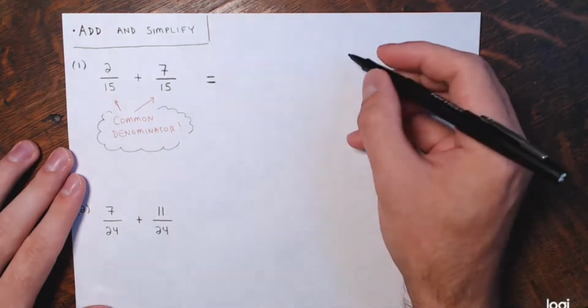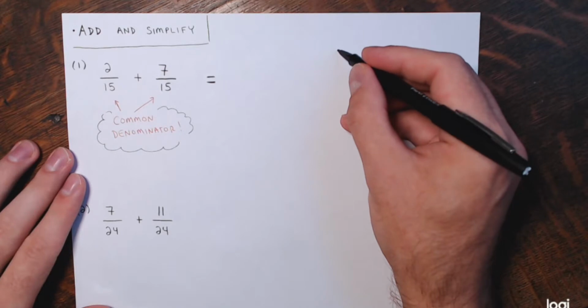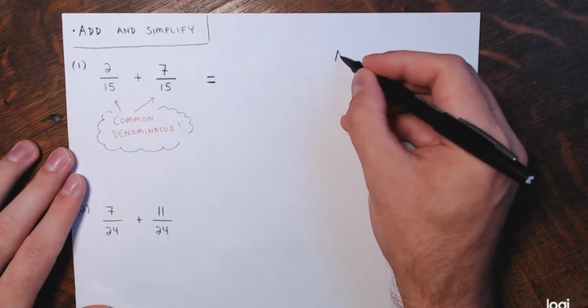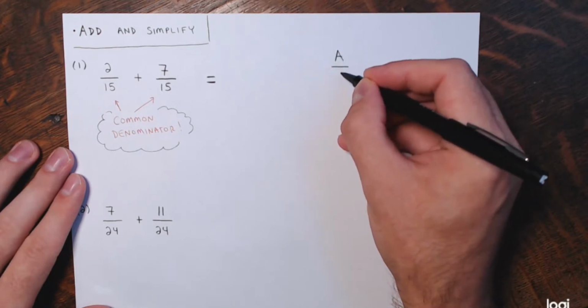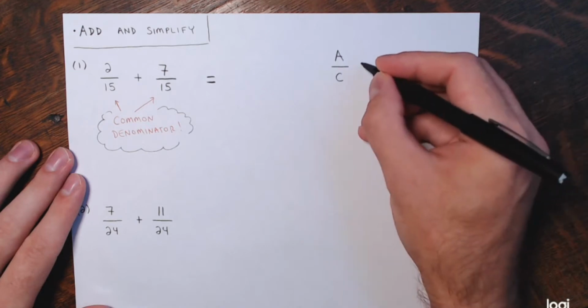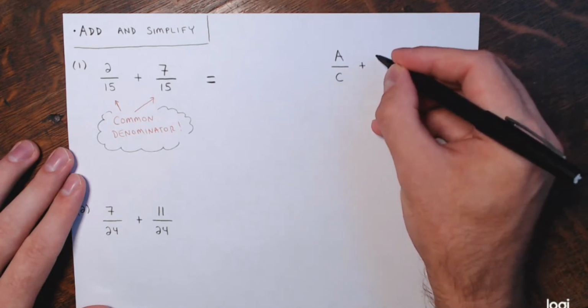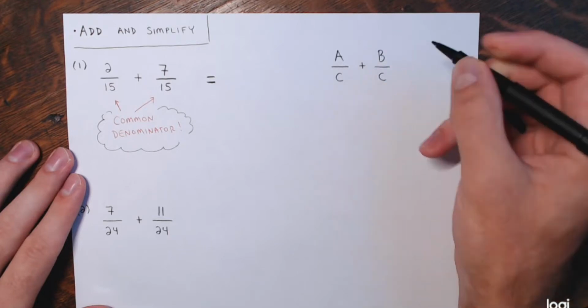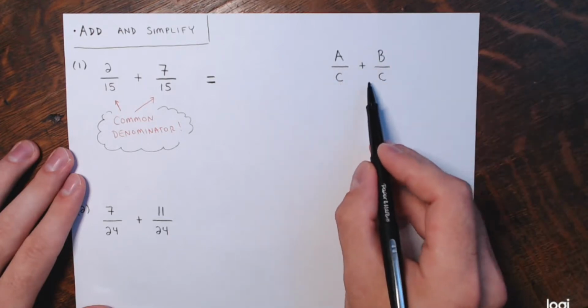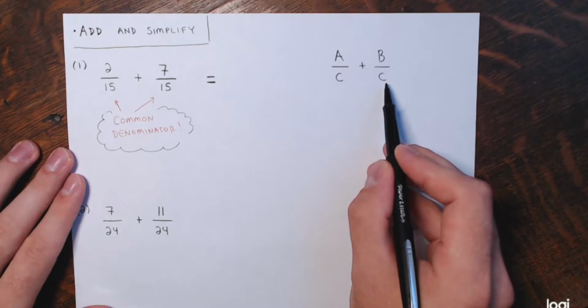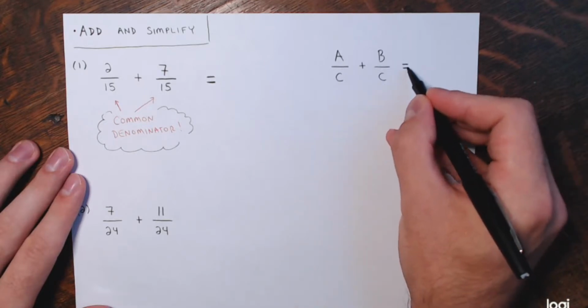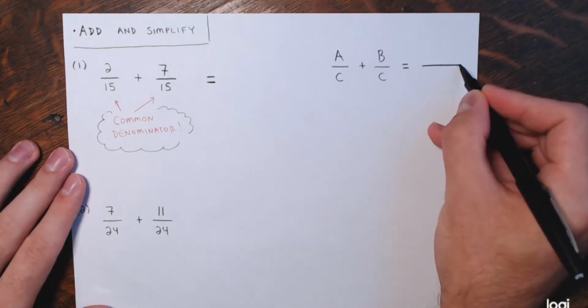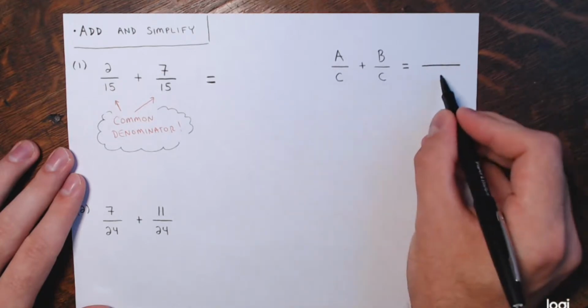Very simple enough. And I'll write the rule over here. When you're adding fractions, say I have a fraction, a over c, plus another fraction, b over c, and you see they have the same denominator of c. When you put them together, that common denominator stays as the denominator.